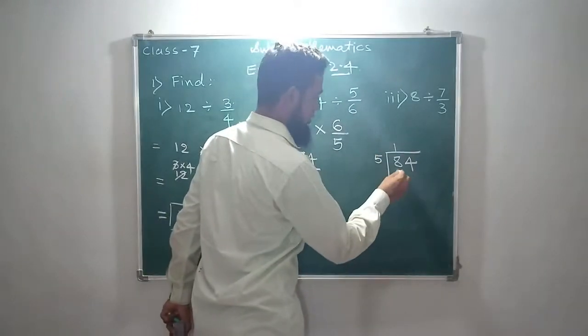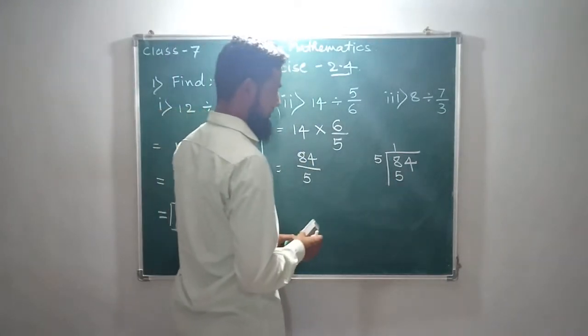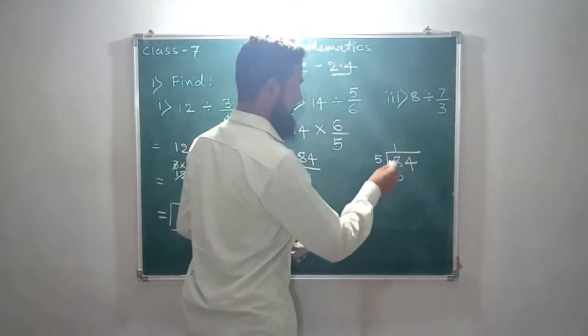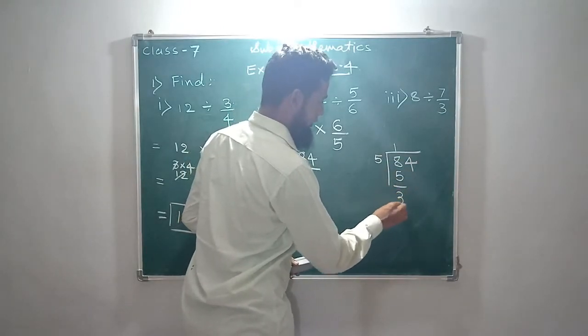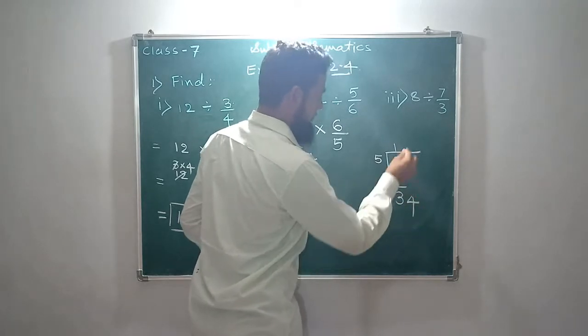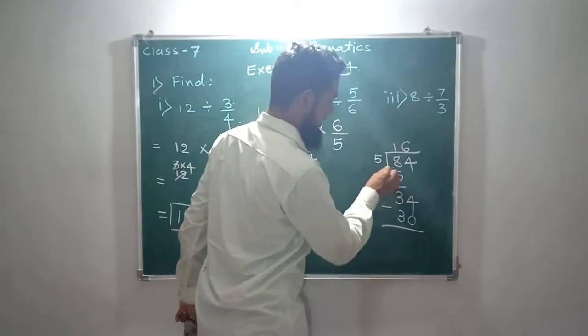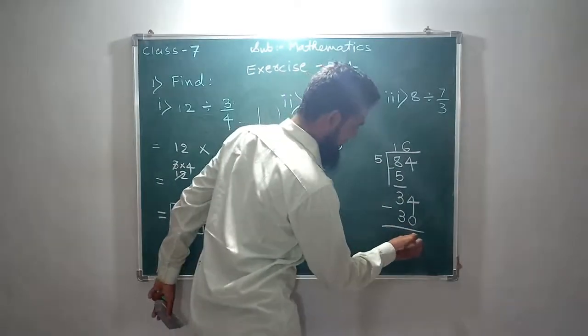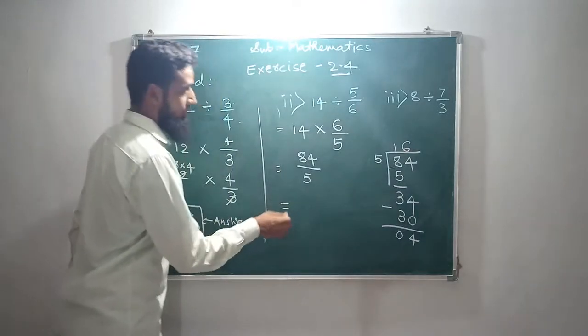So 5 times 1 is 5. 8 minus 5 is equal to 3. 5 times 6 is 30. 34 minus 30 is equal to 4. So what is the answer?